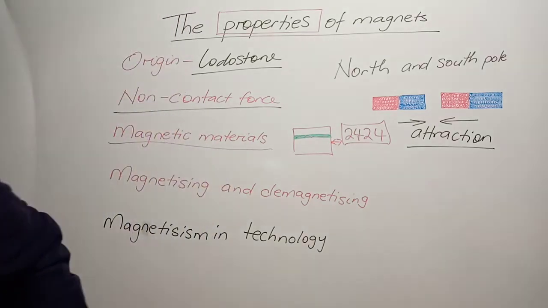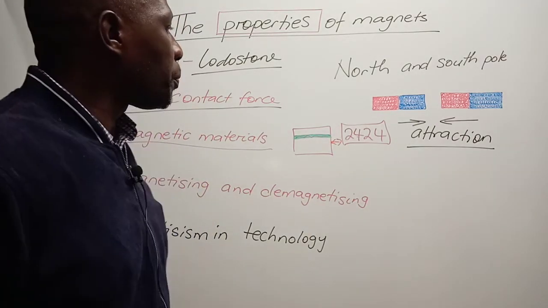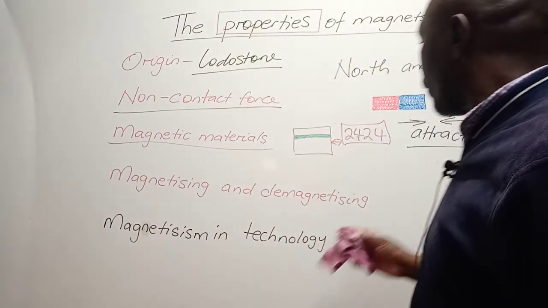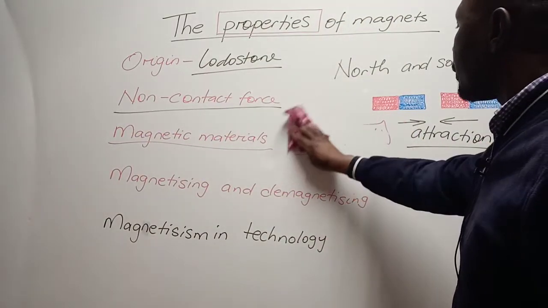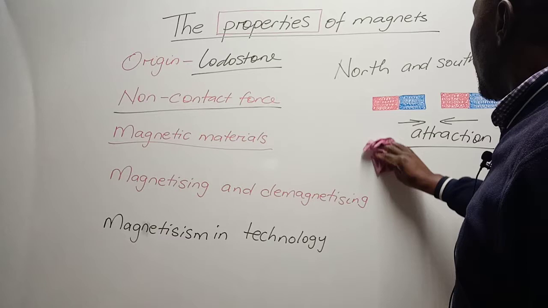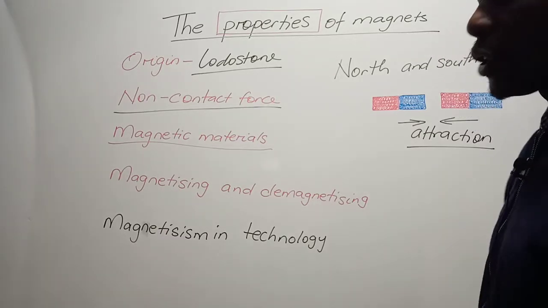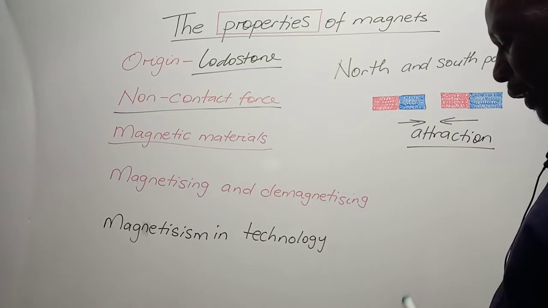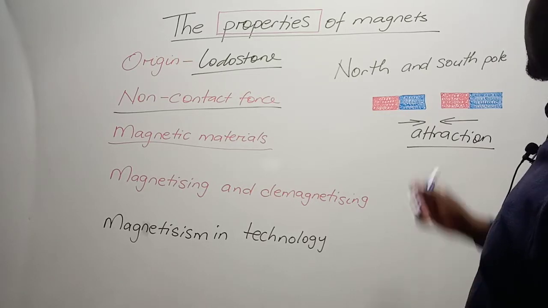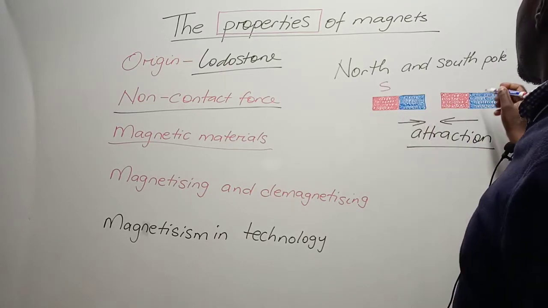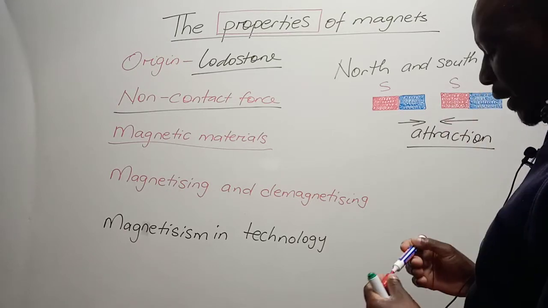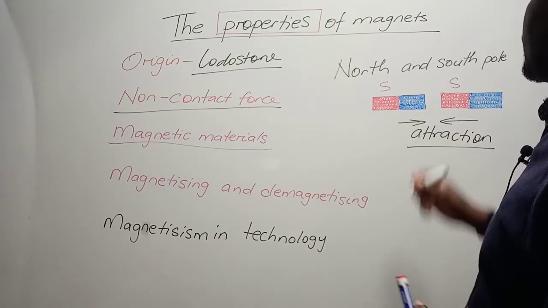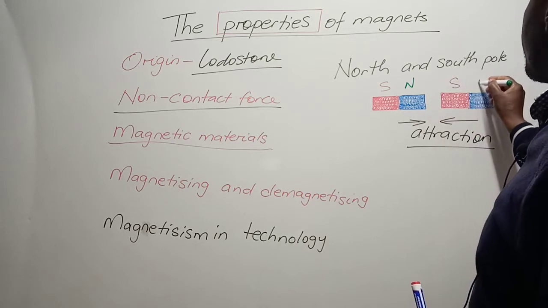Now let's go on to look at the North Pole and the South Pole of a magnet. So every magnet has got a North Pole and a South Pole. So let us say the red part is the South Pole and the blue part is the North Pole.